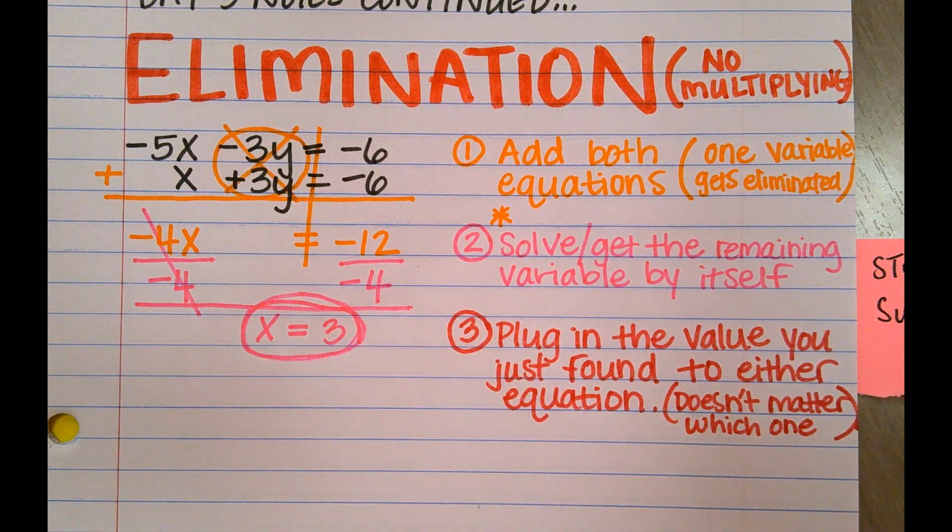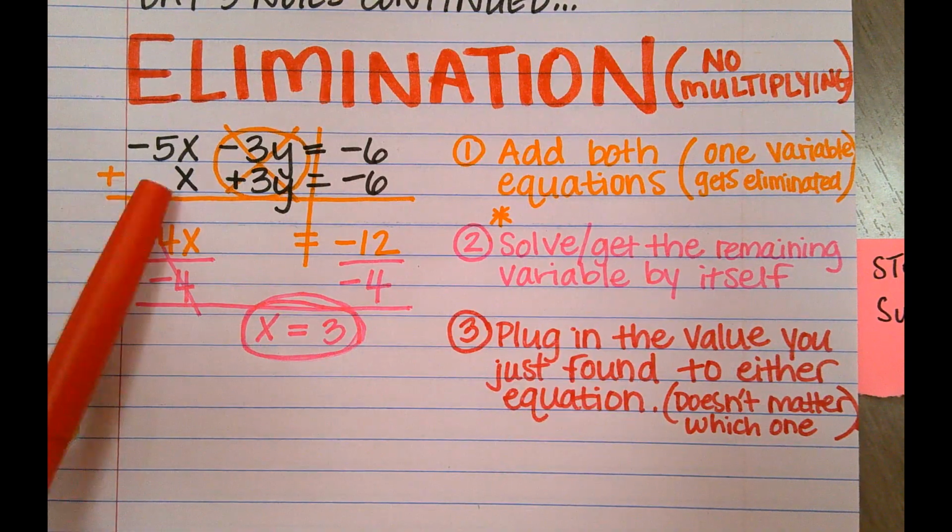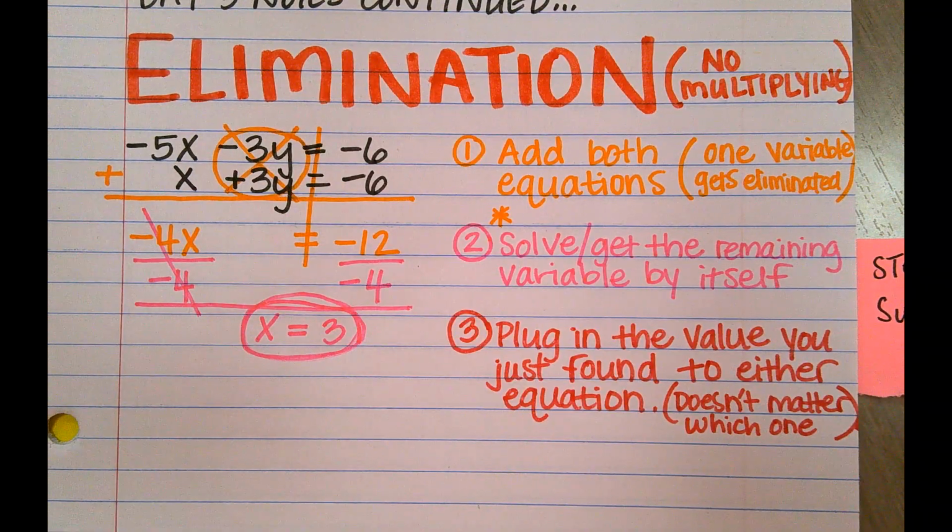Whenever I'm trying to decide which equation I want to use, I'm going to use the one that looks easier to me. I look for the ones with smaller numbers and fewer negatives. Which equation do you think we should use? X plus 3y. Oh yeah, that's what I was thinking. Let's use the bottom equation: x plus 3y equals -6.